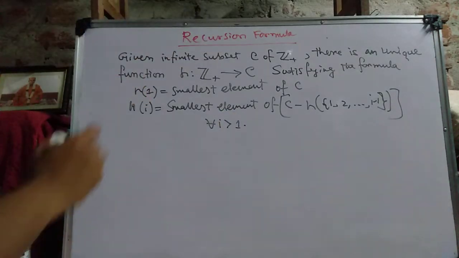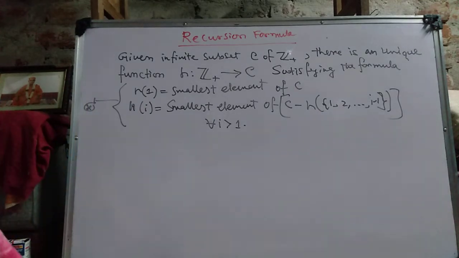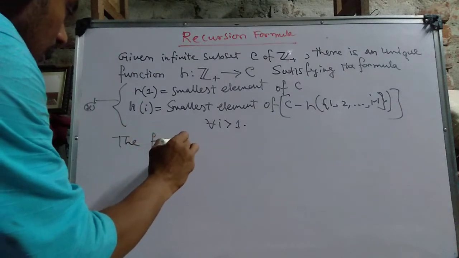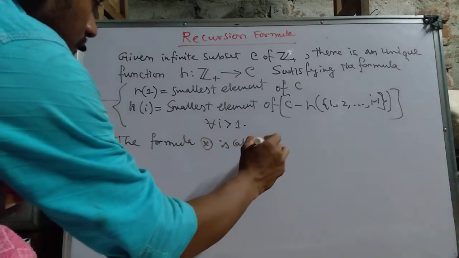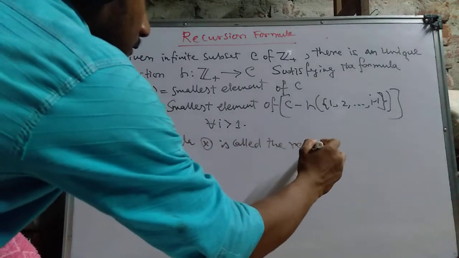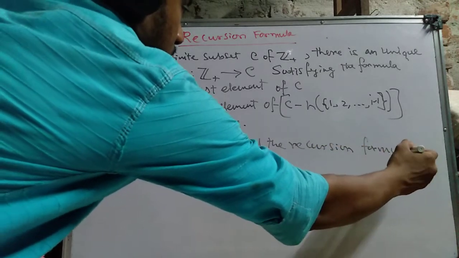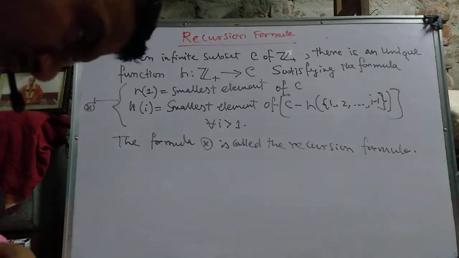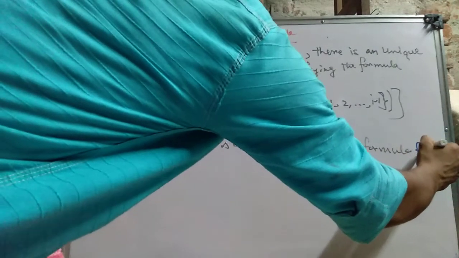We denote this formula by star. The formula star is called the recursion formula for h.